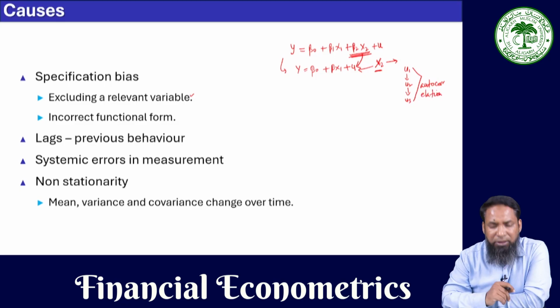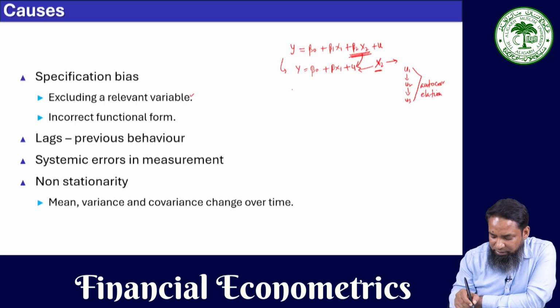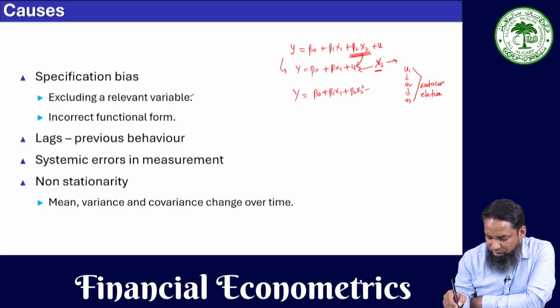Now, let us take incorrect functional forms. Let us say the true functional form of the relationship is beta 0 plus beta 1 x1 plus beta 2 x2 square plus u. However, we have estimated beta 0 plus beta 1 x1 plus beta 2 x2 plus u.